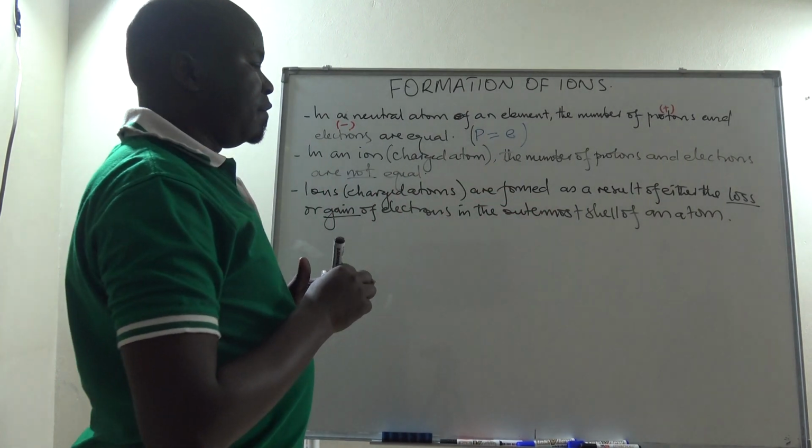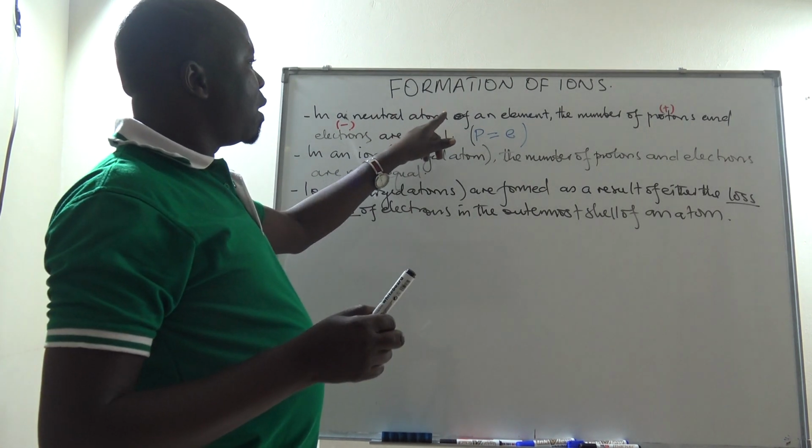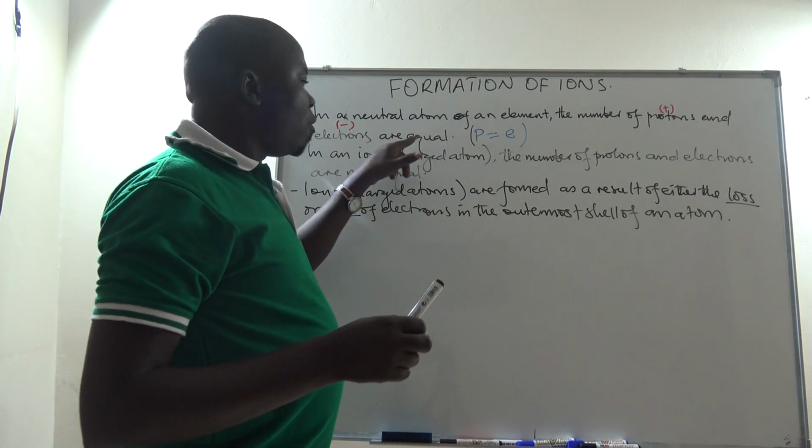So, we have just seen that in a neutral atom, protons and electrons are equal in number.